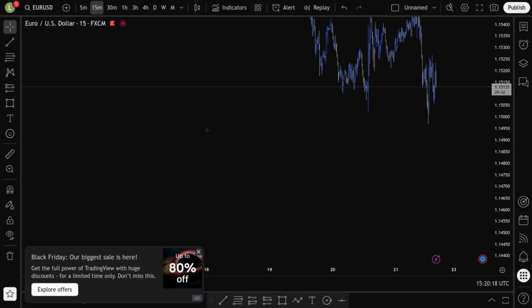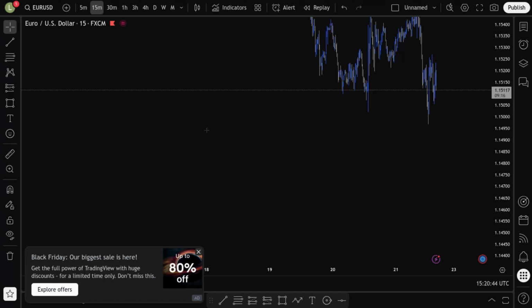As we went to gold now, we saw that the overall market structure for gold is bullish, right? All we're looking for is buy entry, because we know that the overall market structure for gold is bullish. Understanding the overall market structure helps you to get a bias when you are entering the market, so that you do not place trades blindly.